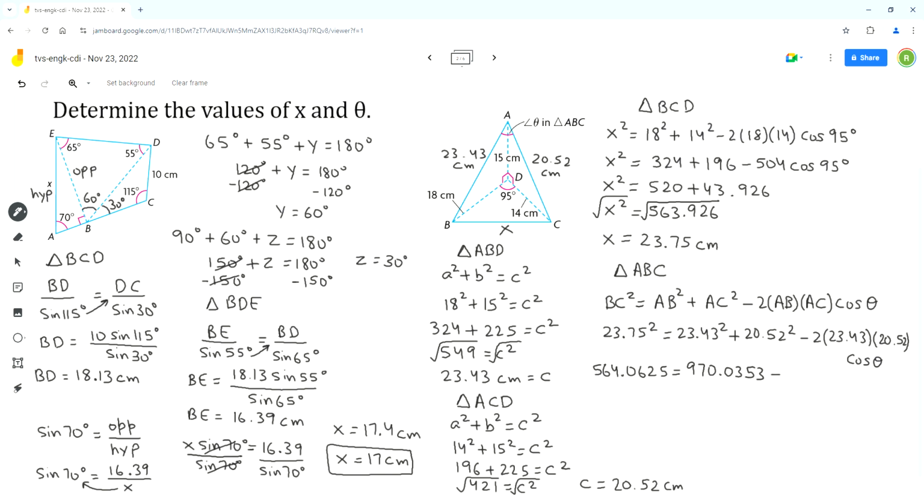Next, we can multiply 2 times 23.43 times 20.52. Next, we can combine the like terms, 564.0625 and 970.0353. We can subtract 970.0353 from both sides.